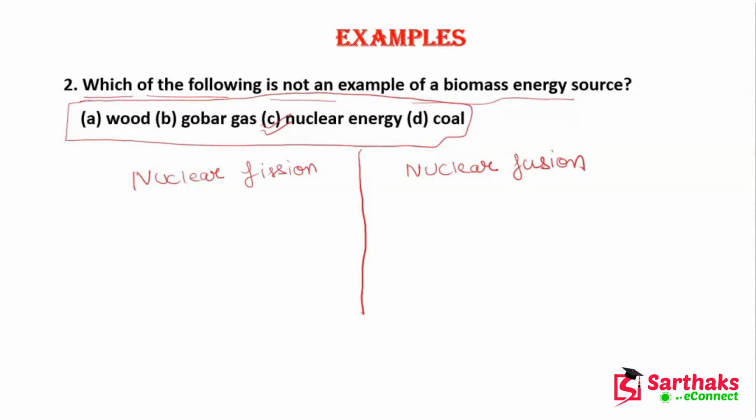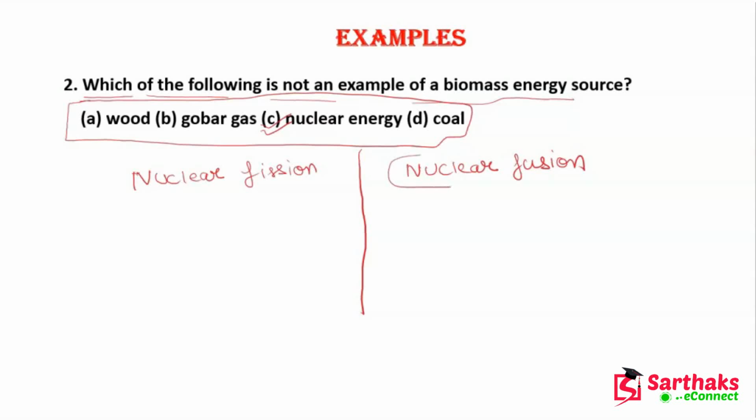In nuclear fission, the nucleus is divided into smaller nuclei, but in nuclear fusion, small nuclei combine to form a big nucleus. That is the difference between nuclear fission and nuclear fusion.